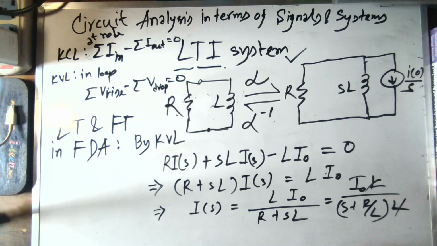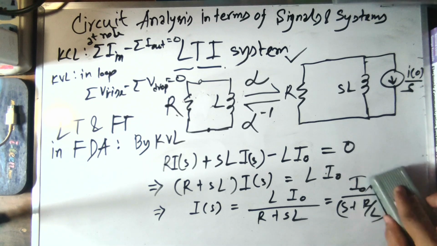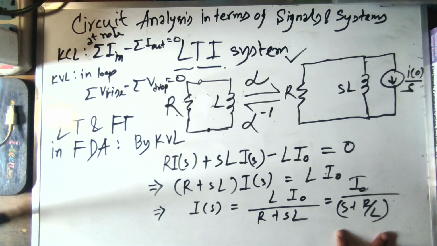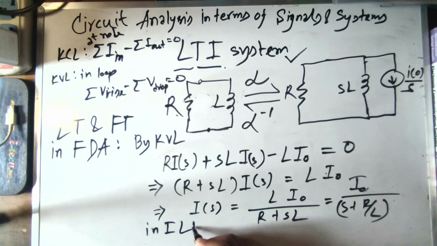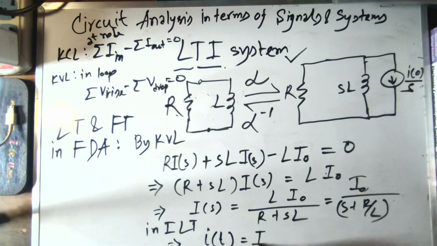Now this is gone, and we know by the Laplace transform formula that if we now take the inverse Laplace transform of this, I(S) becomes i(t) again, I0 is I0, a constant DC value, and this becomes e to the power minus t R by L, which is the same as the answer in time domain analysis.